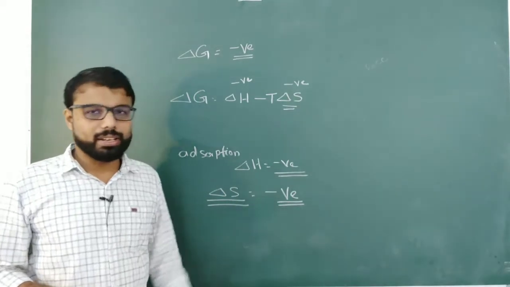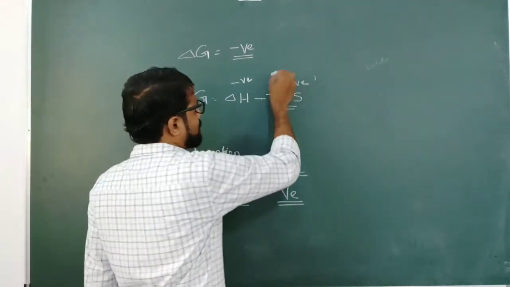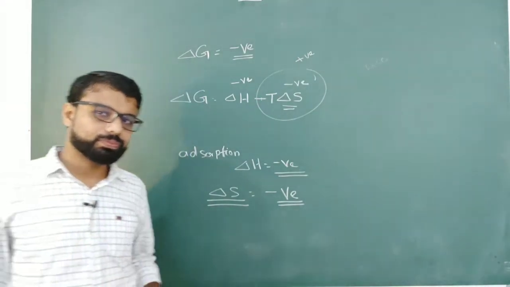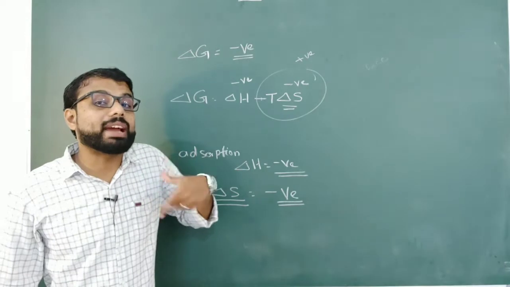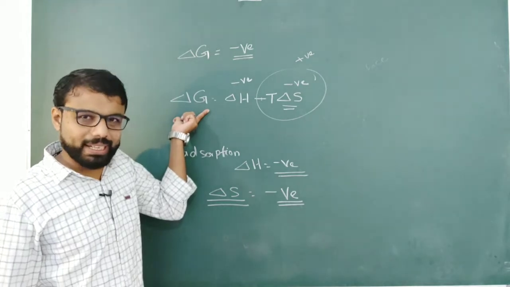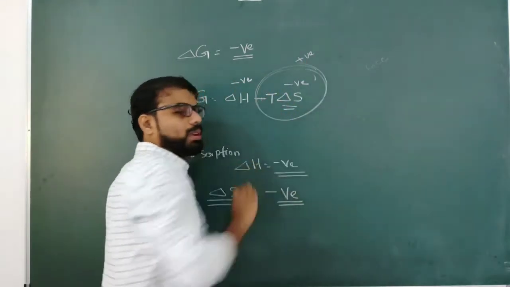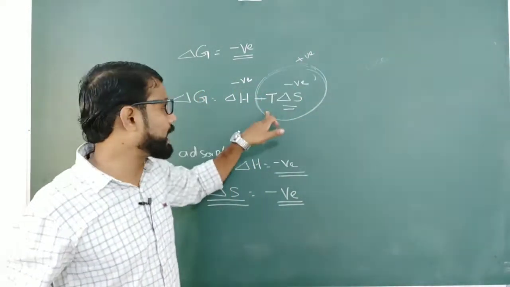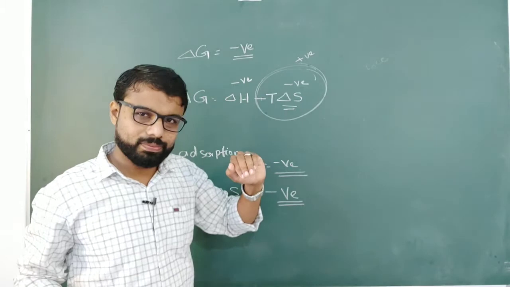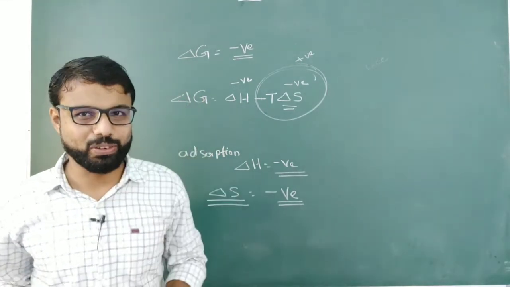So minus T delta S, negative into negative, will be positive. To make the reaction spontaneous, delta G should be negative. To make delta G negative, the magnitude of this positive term should be very small. With a small positive and a big negative, delta G will be negative.